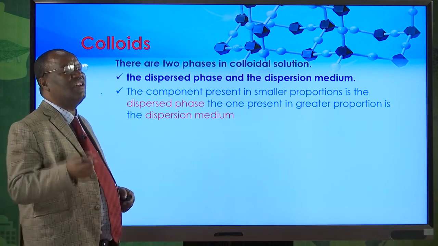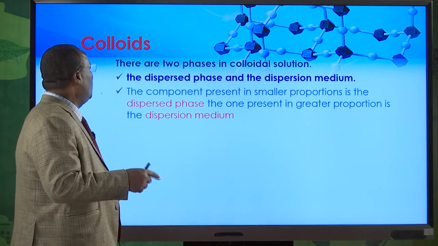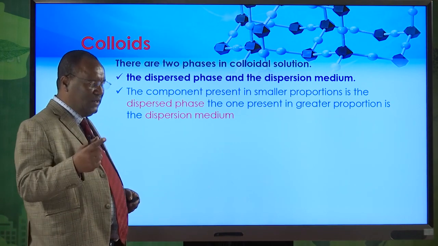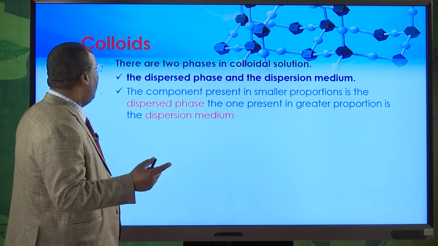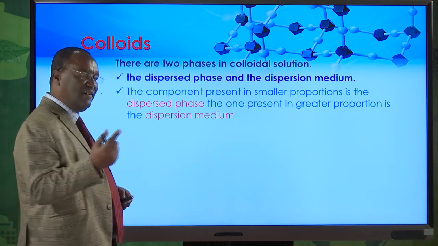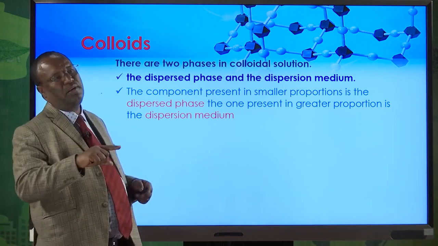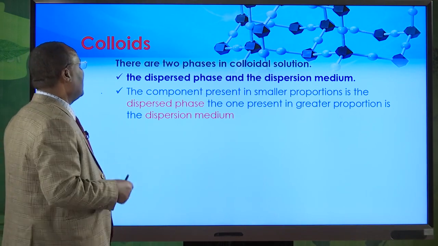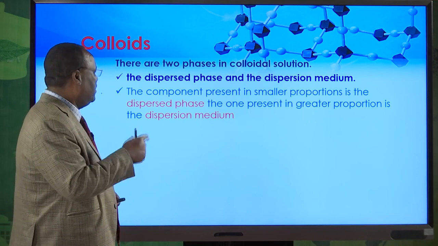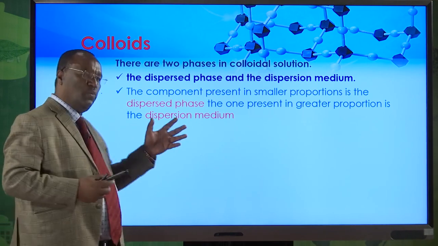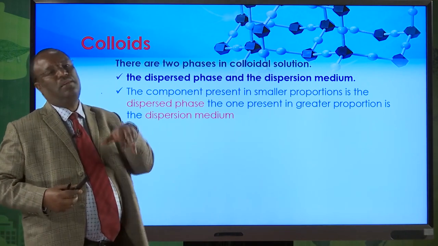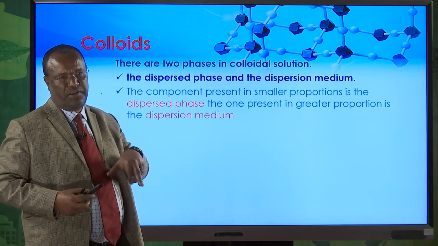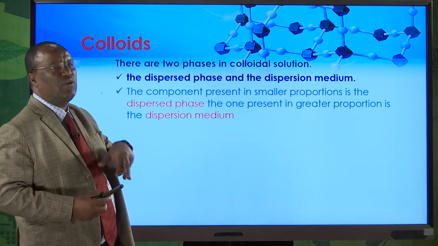What about in the case of solution? Which of the components is present in a smaller proportion, and which one is present in the greater proportion? The one present in greater proportion is said to be solvent. The one in a smaller proportion is said to be solute in the case of solutions.